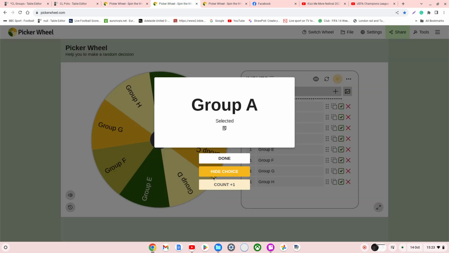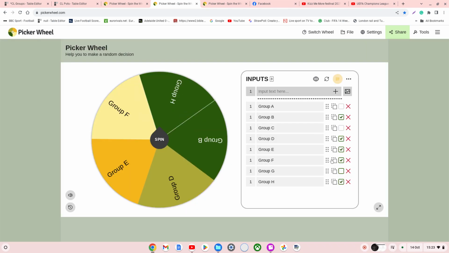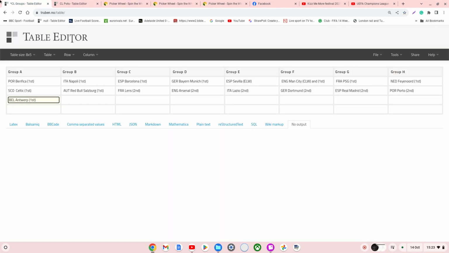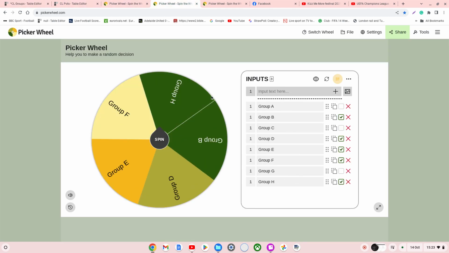So C is not available for Marseille, and G is not available because of Paris Saint-Germain. But they have 5 options: B, D, E, F, or H.